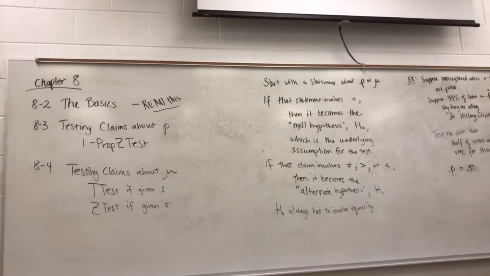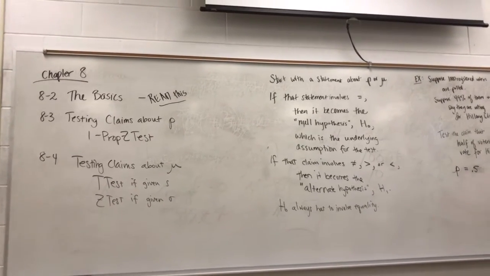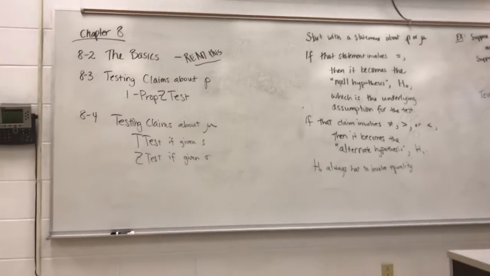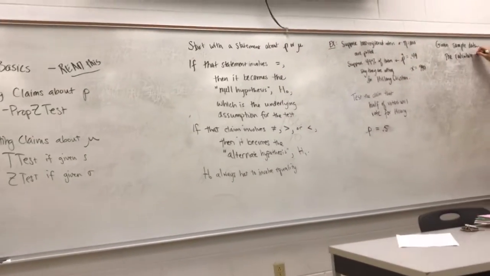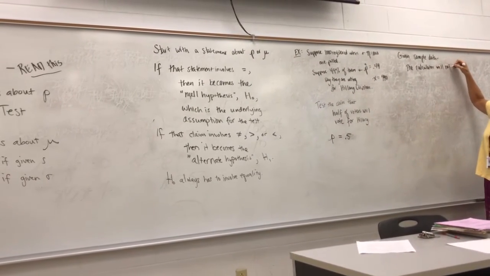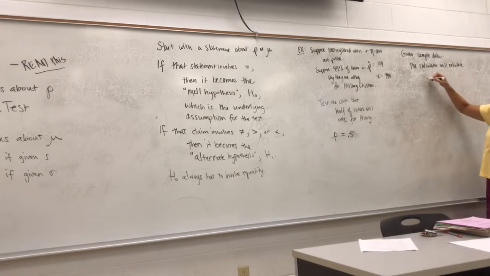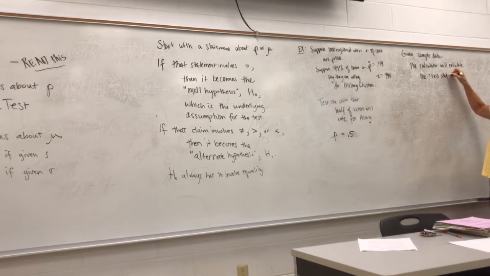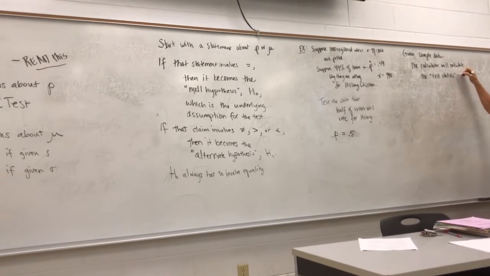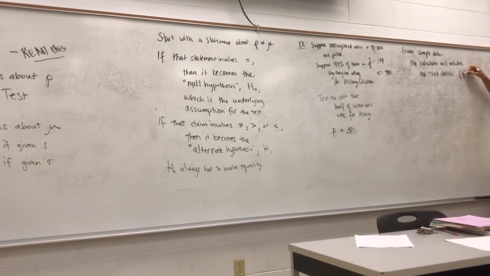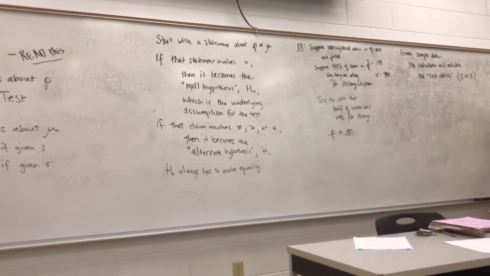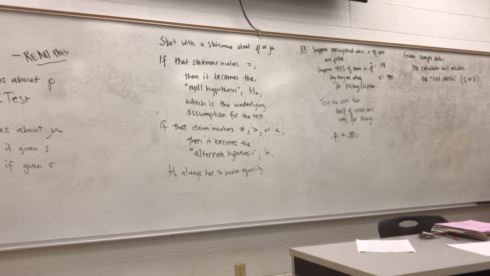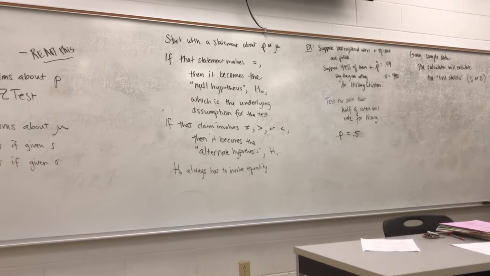So given sample data, you're going to go to the test in your calculator, and the calculator is going to calculate a couple things for you. The calculator will calculate something called the test statistic, which is either going to be a t-score or a z-score, based on whether we're having to use this new t distribution or whether we can use the normal distribution.